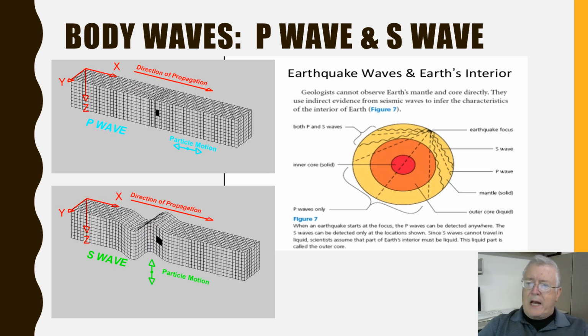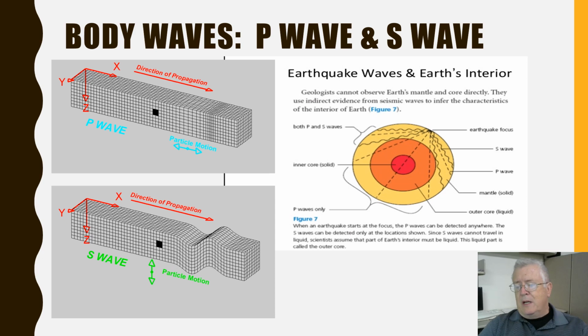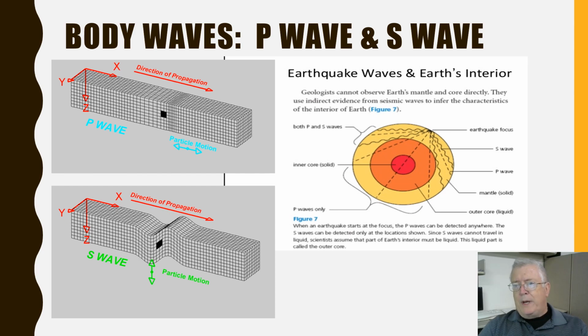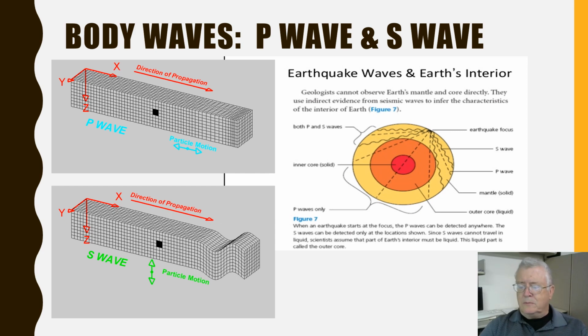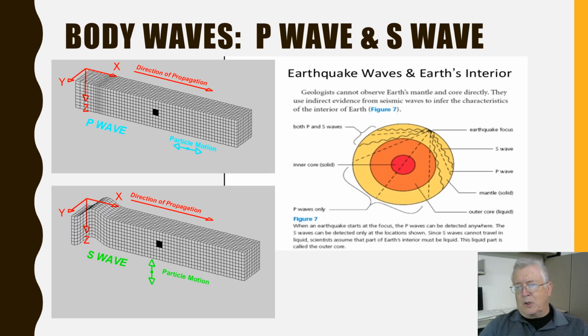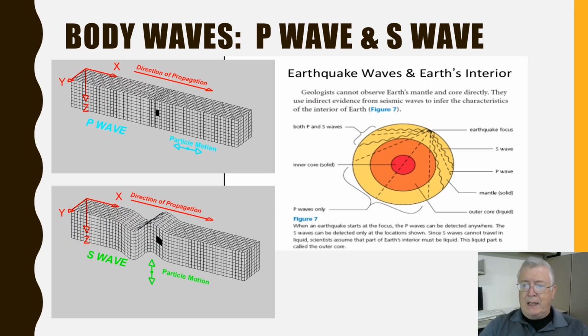You notice that only P waves go through the center of the Earth, and there is some refraction when they enter the outer core. So we know that the outer core is some kind of liquid, or something liquid.